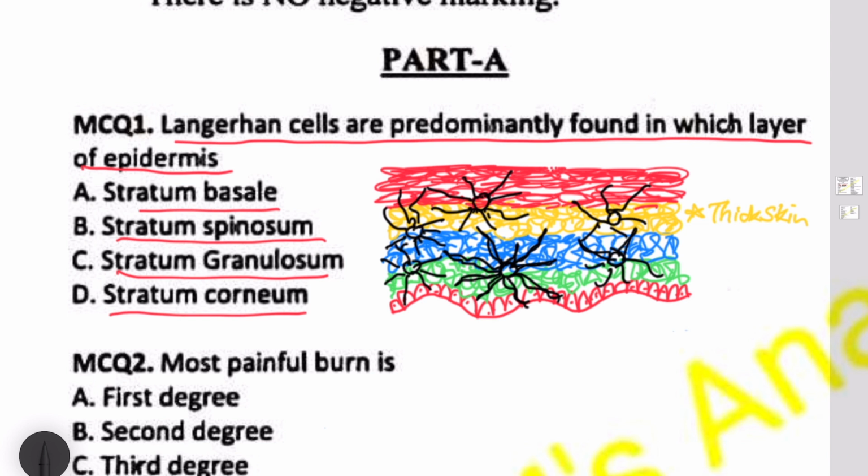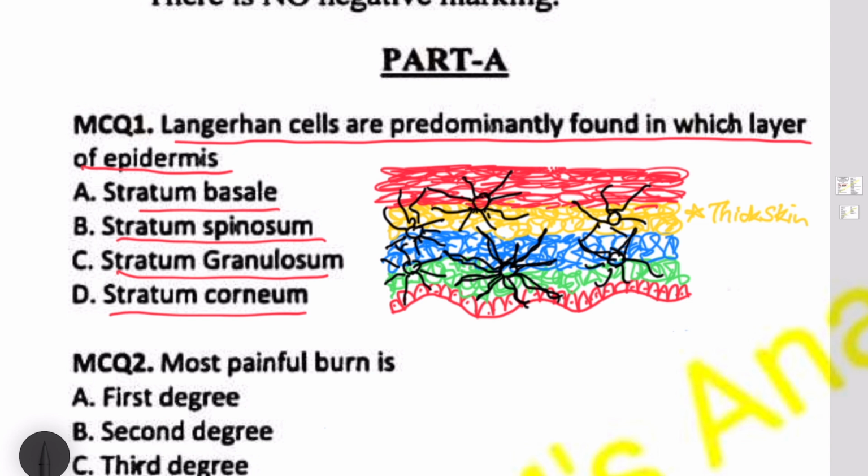Origin wise, these dendritic cells are derived from a hemopoietic lineage, the myeloid cell lineage. Right from embryonic development, right from birth, these hemopoietic progenitor cells are in the skin, and they keep on dividing to form these Langerhans cells.